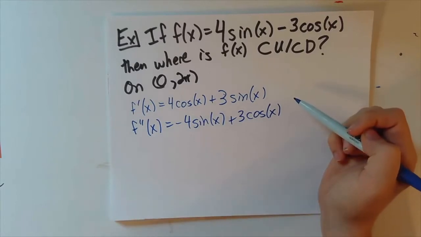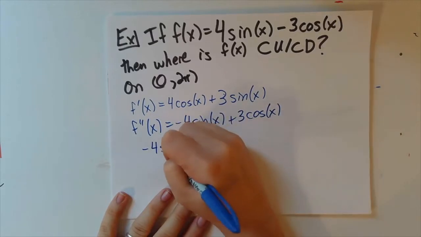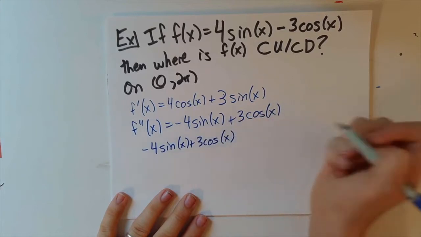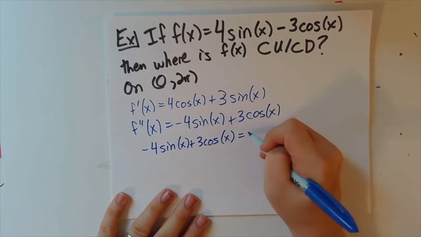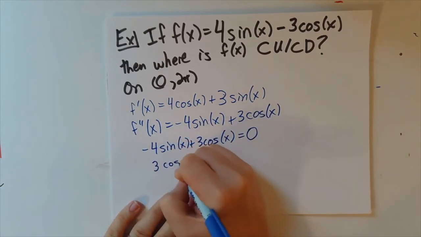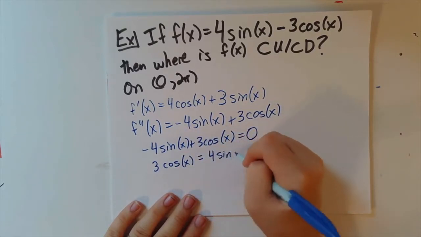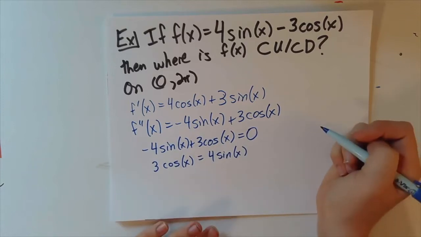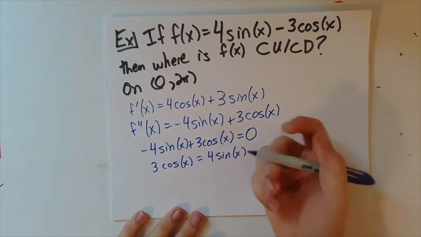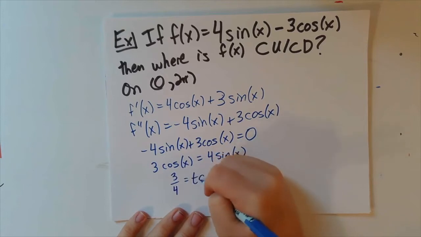Okay, so I want to know when that's 0, so I've got to solve minus 4 sine of x plus 3 cosine of x is equal to 0. So that's going to give me that 3 cosine of x is 4 sine of x, which is going to give me, if I move the 4 over to this side and the cosine over to that side, that 3/4 is the tangent of x.